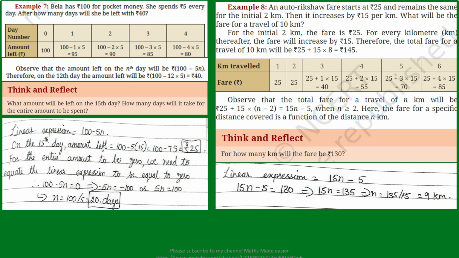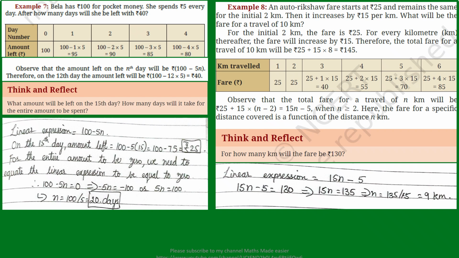So here the fare for the specific distance covered is a function of a distance n, meaning it is dependent on the number of kilometers. The fare is dependent on the number of kilometers, but based on a condition. So you will not call it a linear relationship because between the first and the 2, the difference is 0, whereas from 2 till however many kilometers you have traveled, between each and every kilometer it increases by 15.